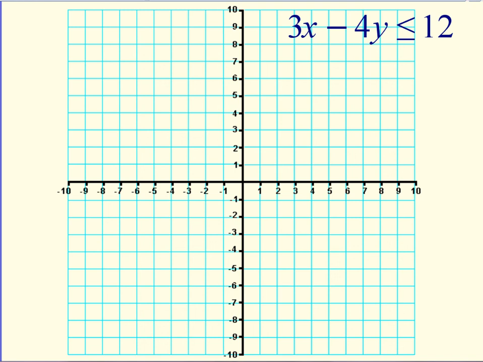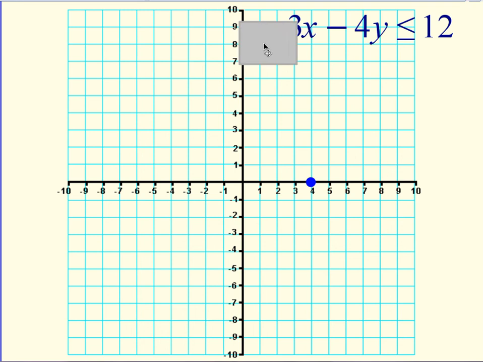Remember, to graph in standard form, we use the x and y intercepts. To find the x-intercept, y has to be 0. If I look at this and pretend like that was an equal sign, I would get x equals 4. And that's my x-intercept.